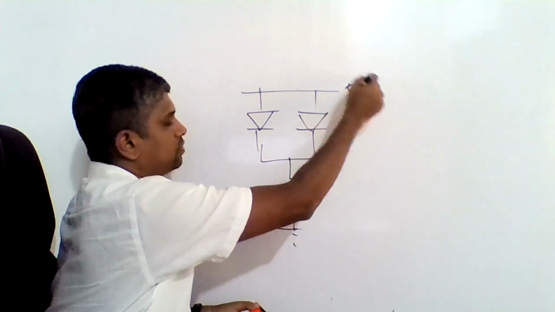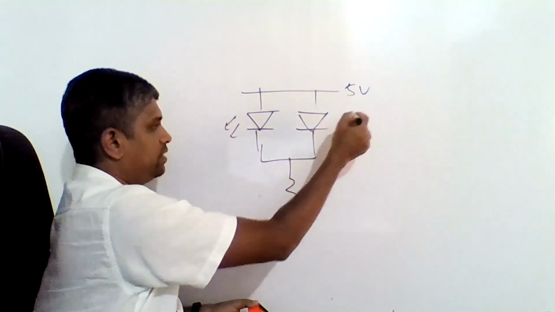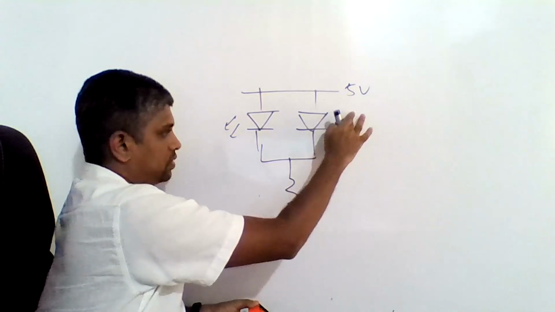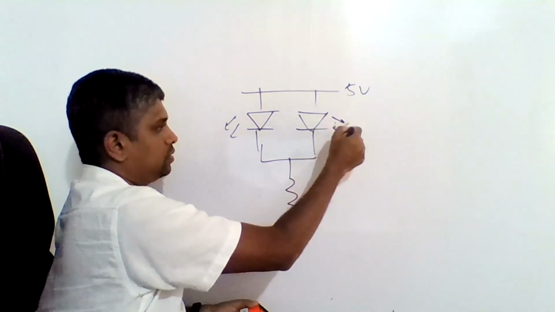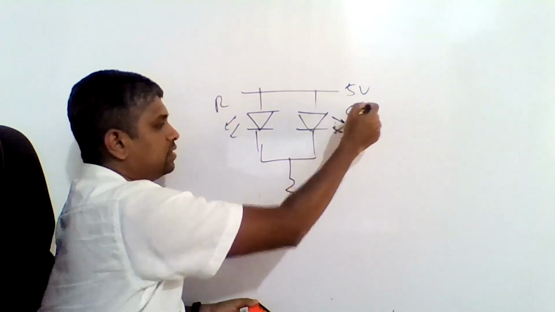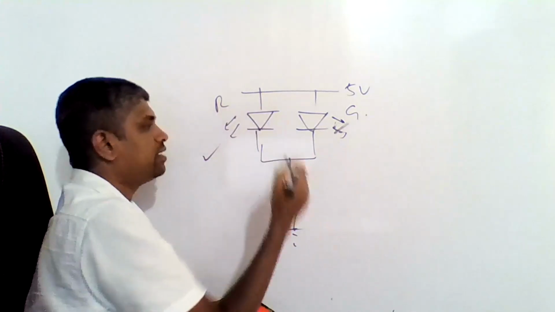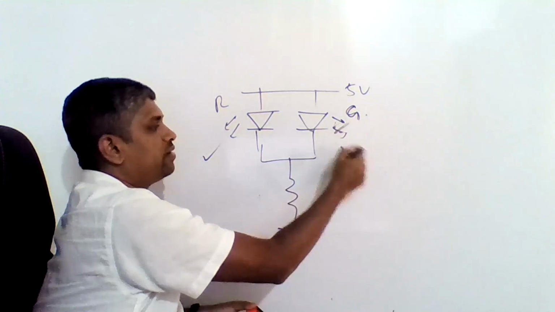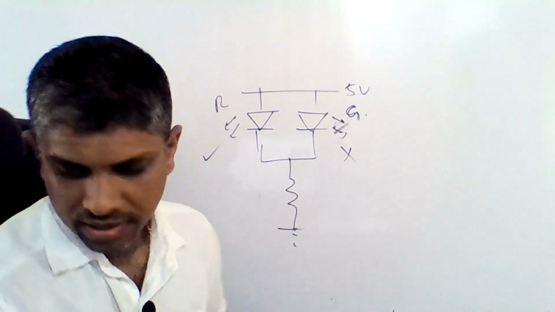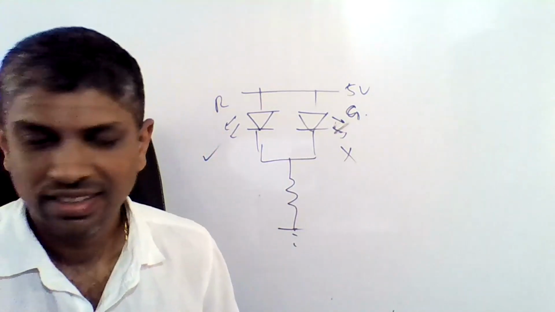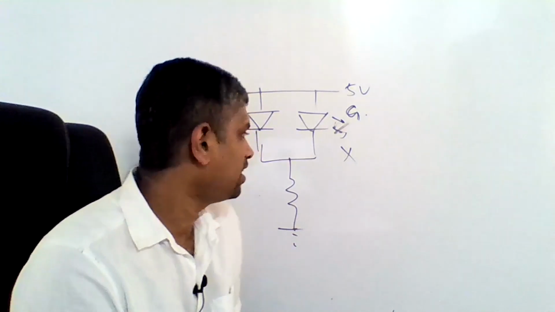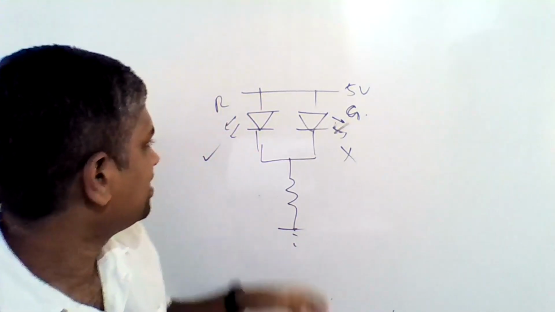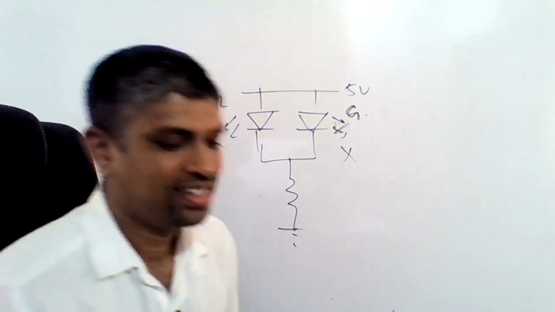If you connect to 5 volt, one is a red LED and the other is green. You know that the red one will be forward biased, but the green one will not. But when I did this last time, the red LED that I selected was defective.